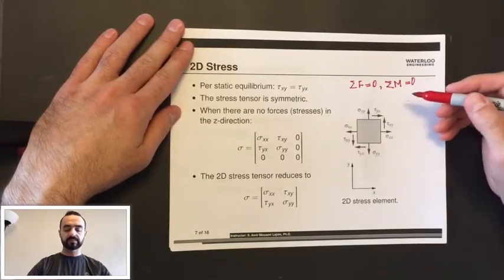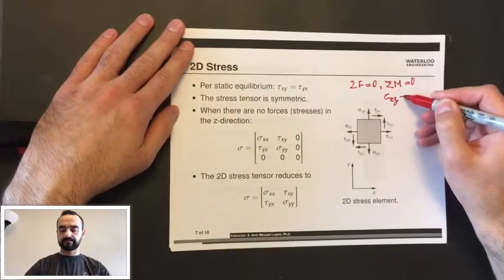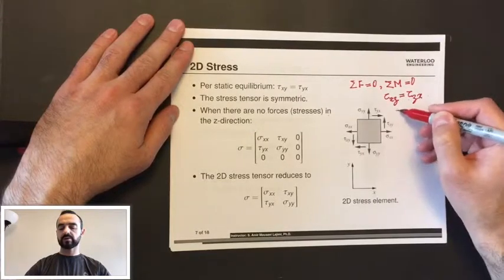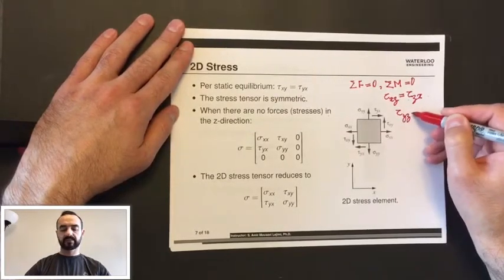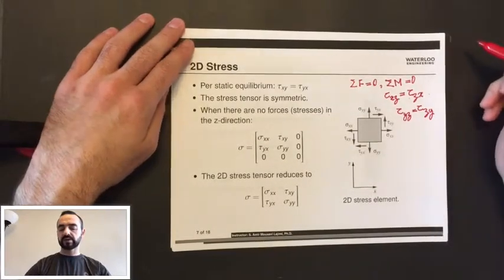Same thing about tau xz being equal to tau zx, and tau yz being equal to tau zy.